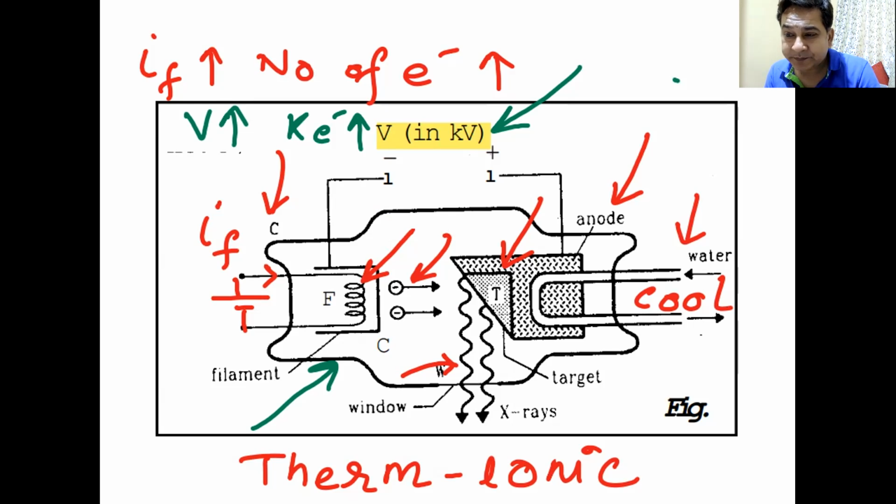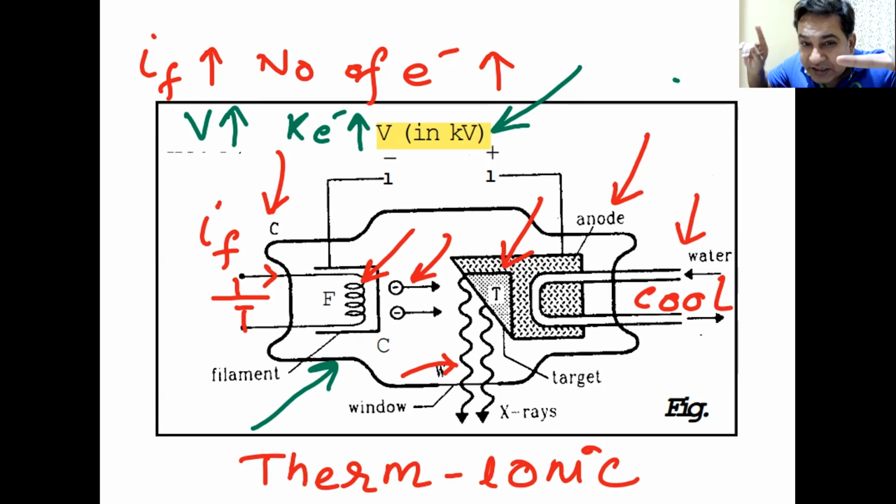If you recollect, in the photoelectric effect, we also had two things. One was the intensity of light, which depends on the number of photons. Intensity of light, I, depends on the number of photons.